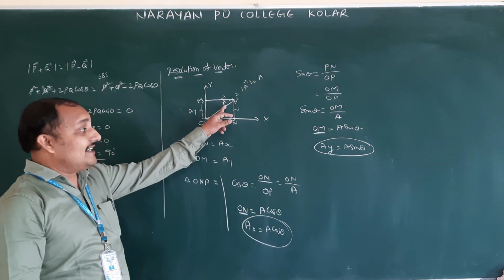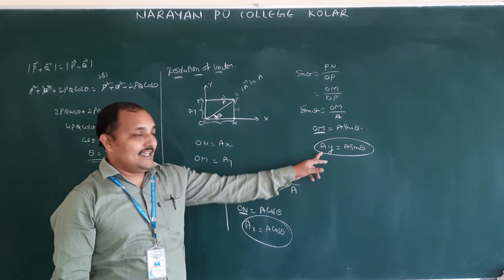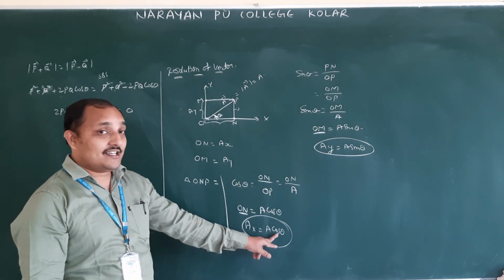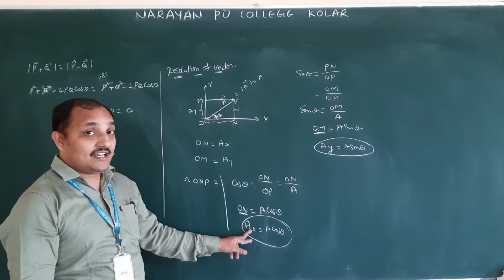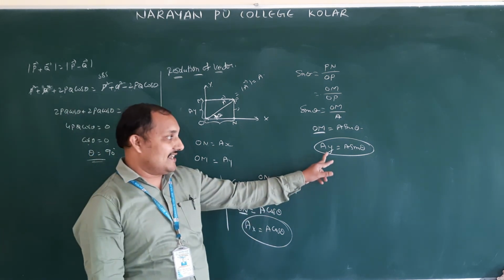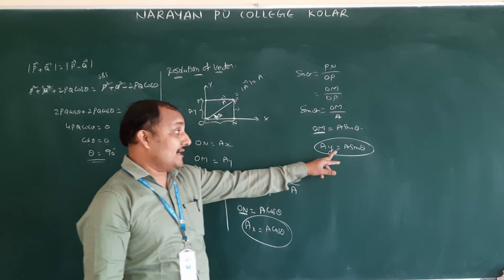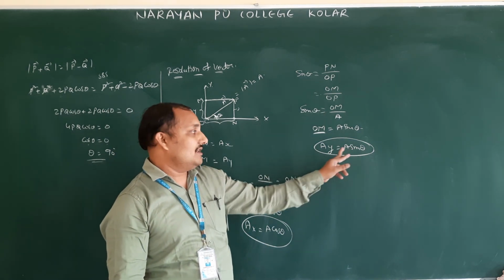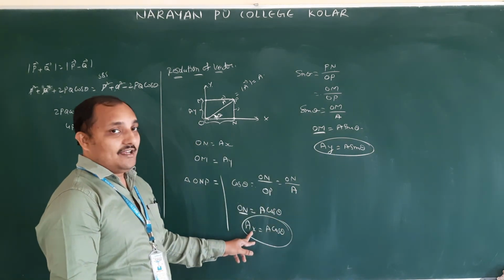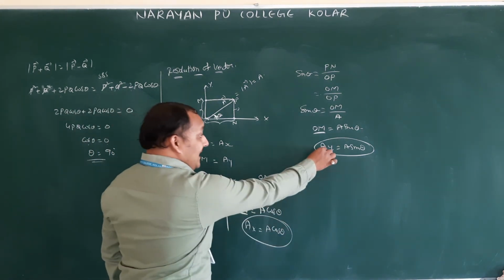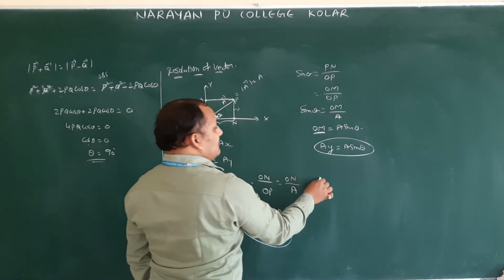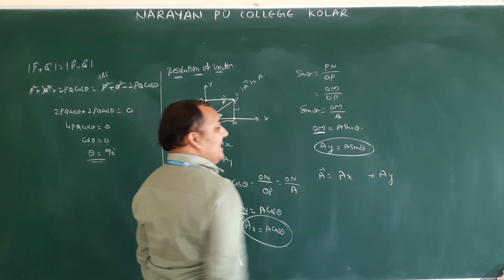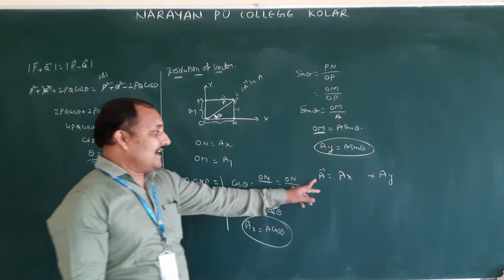So how will we write a bar in terms of AX and AY? AX, A is the magnitude of a bar, cos theta is also a magnitude. AX is a scalar component. Here AY is also a scalar component, A sin theta. This is also a magnitude, this is also some value. Therefore AX, AY are scalar components. If you add these two, will you get a bar? A bar is equal to AX plus AY, will you get it?